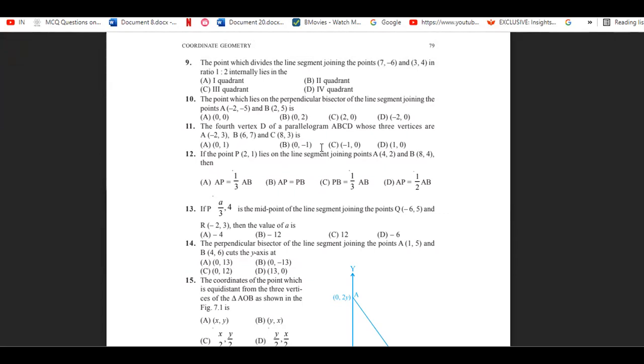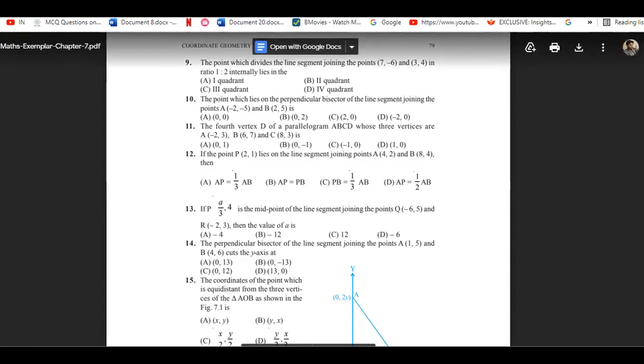Yes, you have to use the section formula, and you need to calculate the values of m1 and m2.